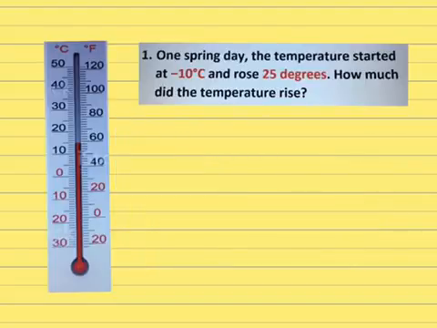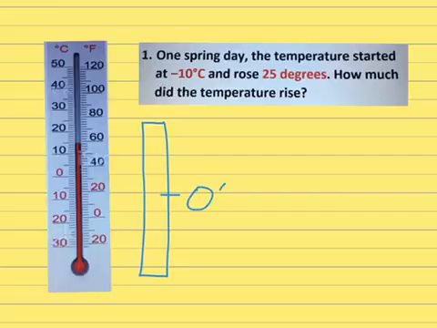All right, so we're going to start our first word problem. So one spring day, the temperature started at negative 10 degrees Celsius and rose 25 degrees. So I like to draw my own thermometer when we're doing word problems. And I always put 0 degrees because that just helps me.